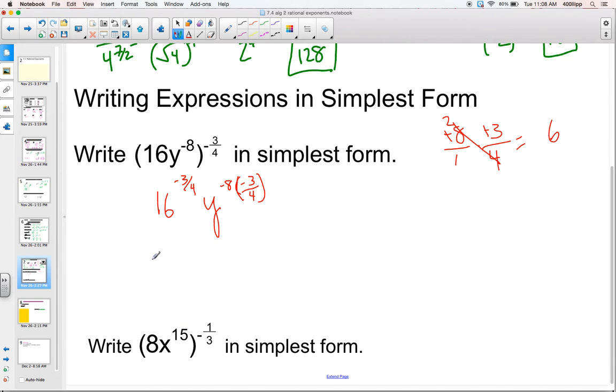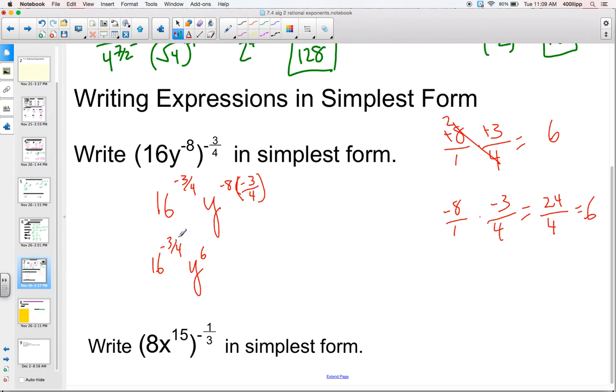So this is really 16 to the negative 3/4 times y to the 6, because when I multiplied these out, I got a 6. The other way you could have multiplied them out, negative 8 over 1 times negative 3 over 4, you could just multiply the numerators. Negative 8 times negative 3 is a 24 over 1 times 4 is a 4. 24 divided by 4, we get the same thing, 6.